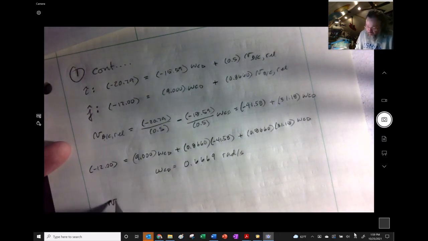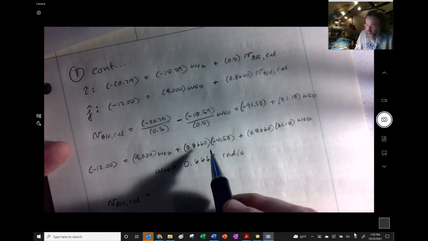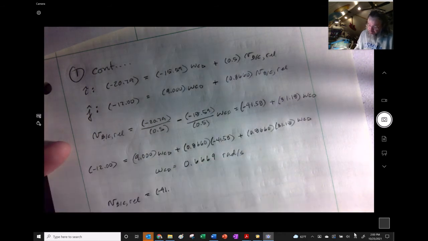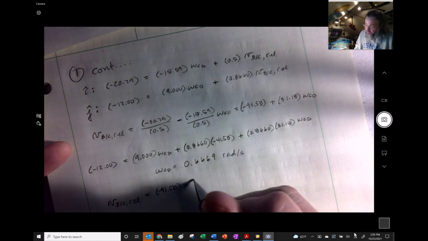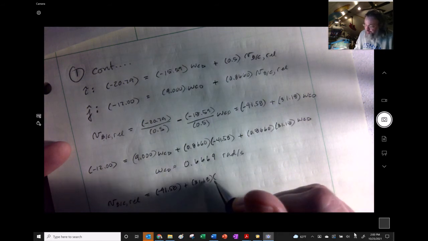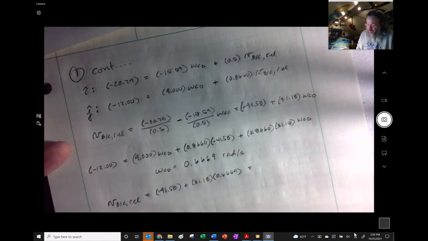So VB with respect to C rel is going to equal, well, we said negative 41.58 plus my 31.18, and now times 0.6669.